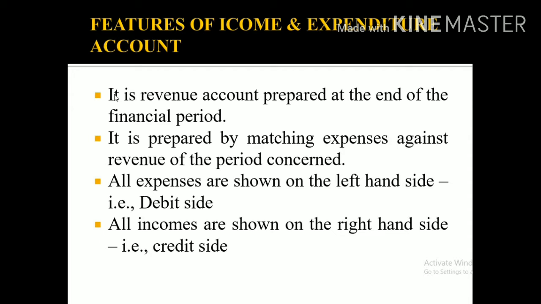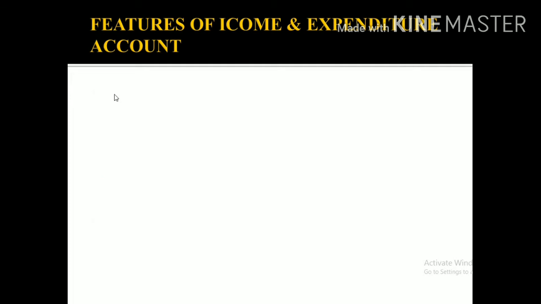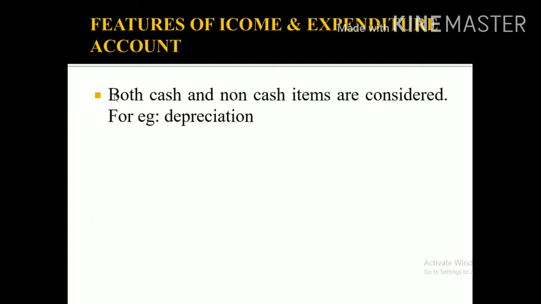It means it's a revenue account, so debit all expenses and losses and credit all incomes and gains. The next feature is that both cash and non-cash items are considered, for example depreciation. In the income and expenditure account, we will consider both cash and non-cash items.